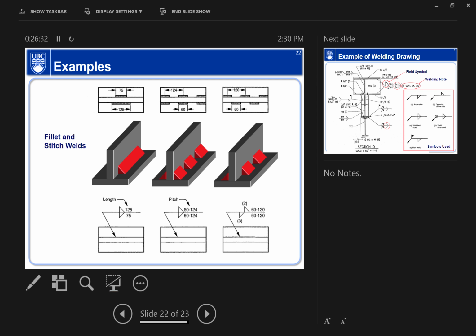That's part of the calculation that we're going to show. When you have a joint you want to weld, and you decided to use a fillet weld, then what will be the appropriate leg height h, or what will be the appropriate length of the welds here? Good.